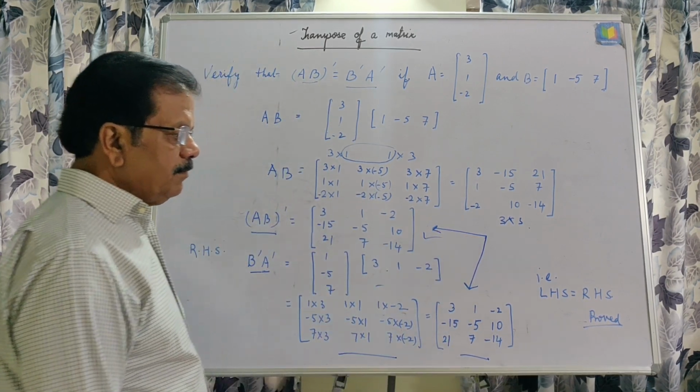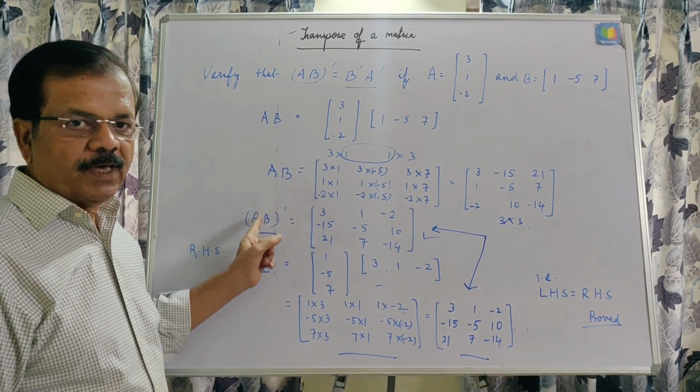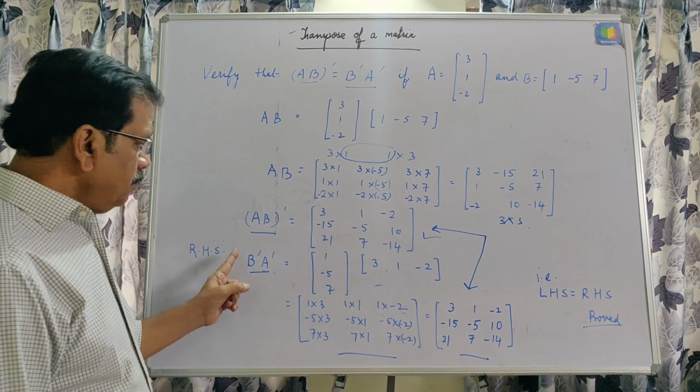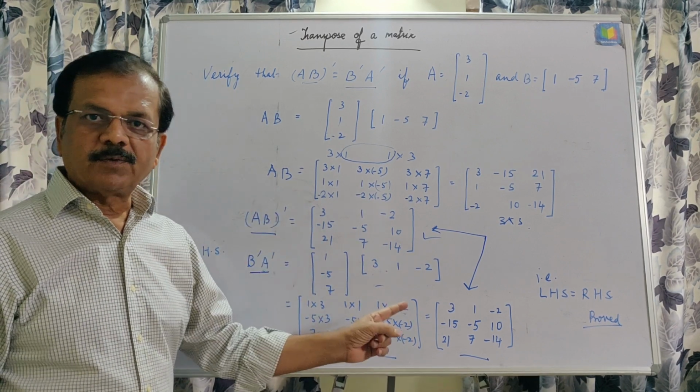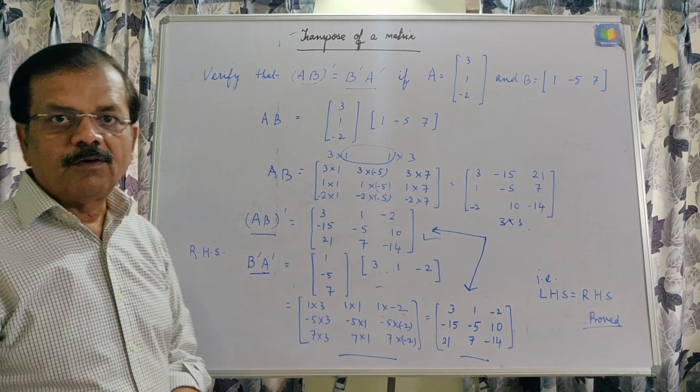Both the values are the same, that is, the transpose of AB is the same as B transpose A transpose. Okay, and this is what we had to verify. Now next question.